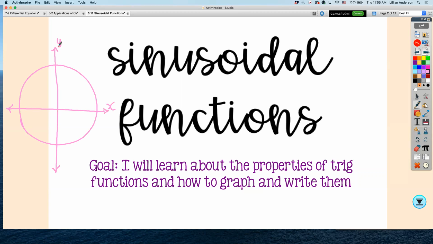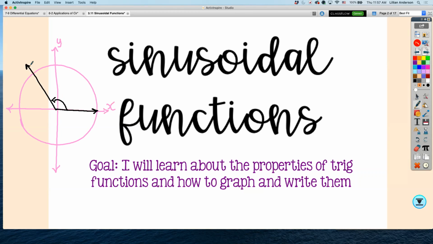Any angle in your unit circle has what's called an initial side on the positive x-axis, and its terminal side is basically the other side of the angle that creates the angle, okay? When you head in a counterclockwise fashion, you create a positive angle.